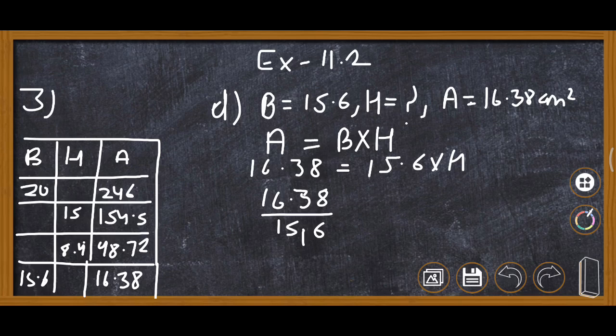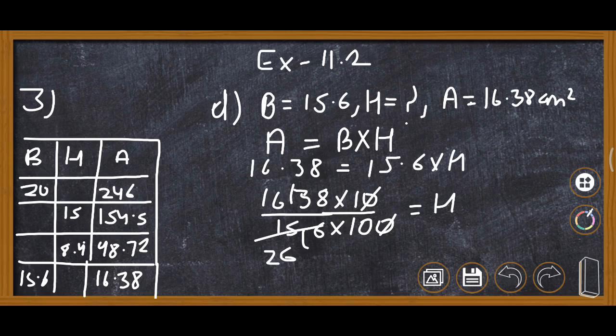Now remove this decimal, this will be 10, and remove this decimal, this will be 100. Now remove 0 by 0. Now you can cut both the numbers by 6. 6 2s are 12, 6 7s are 42 and 6 3s are 18.